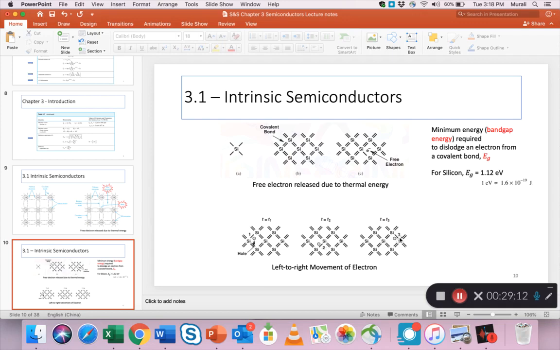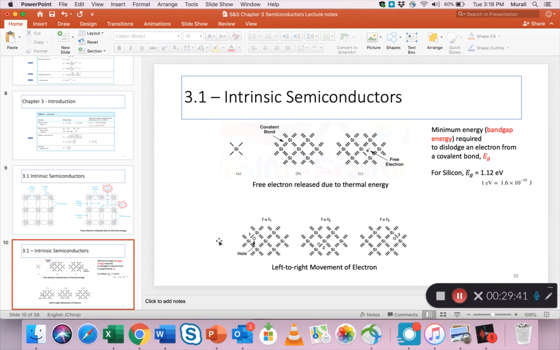Similarly, this was t equals time 2, now we are looking at t equals time 3. This atom got all of its necessary electrons, all 4, but the one next to it now has a loose electron and hence a hole.